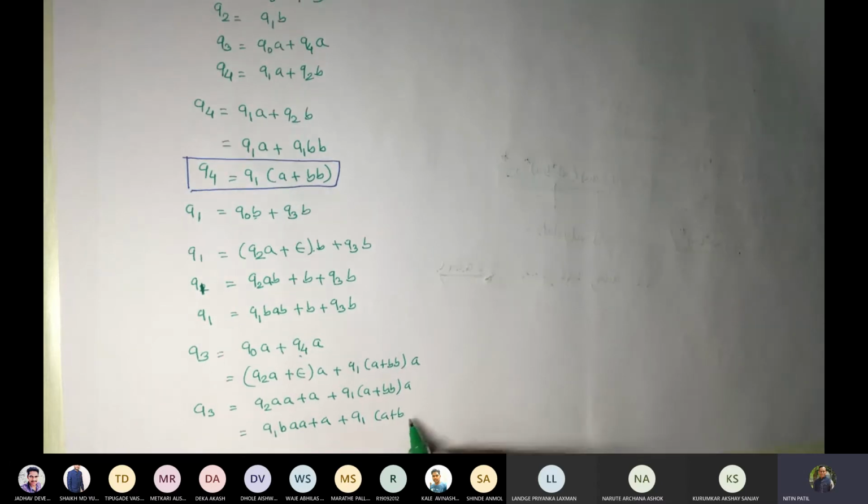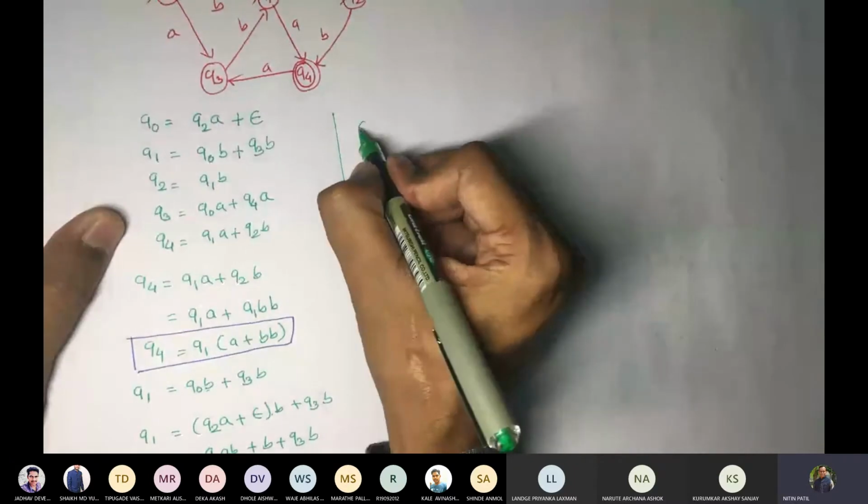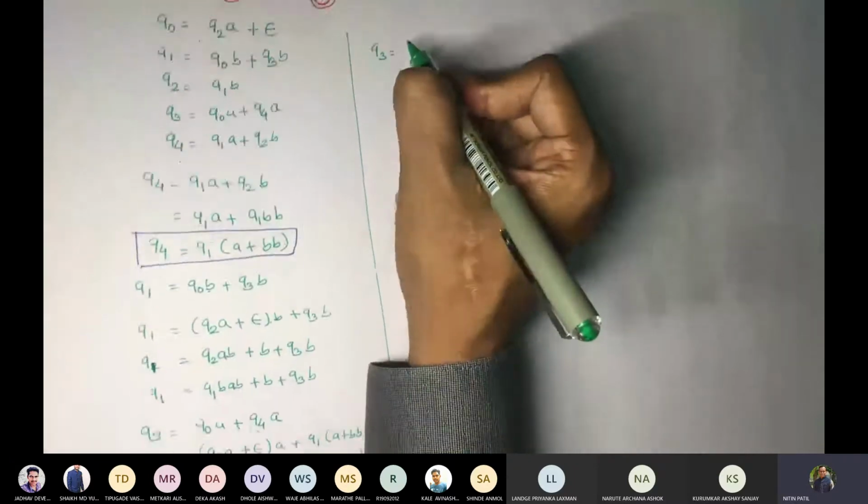So we'll write it as Q1B AA plus A plus Q1 A plus BB. So I will write it here. I will write that equation one more time so that it will be visible. So we got now Q3 is equal to, I am writing this equation.